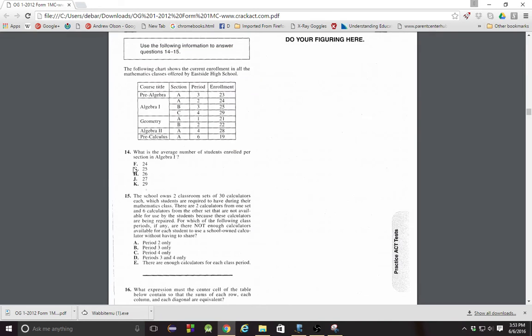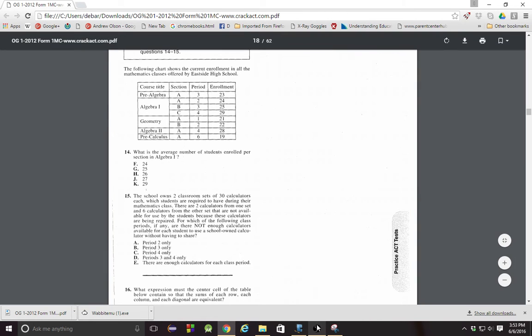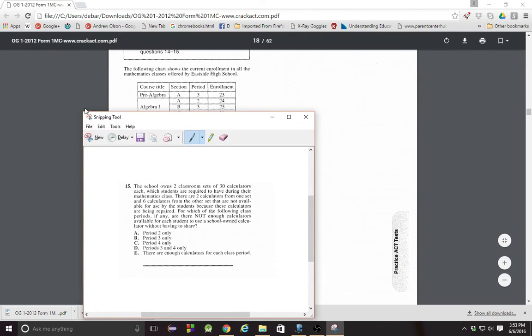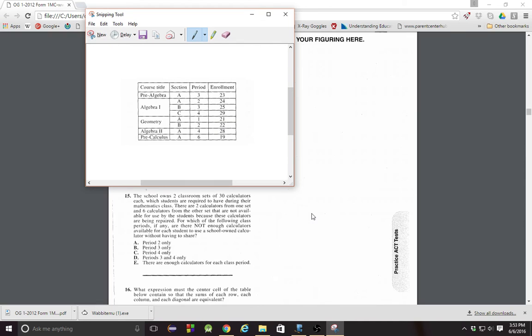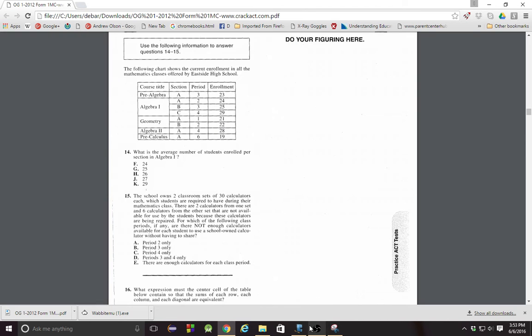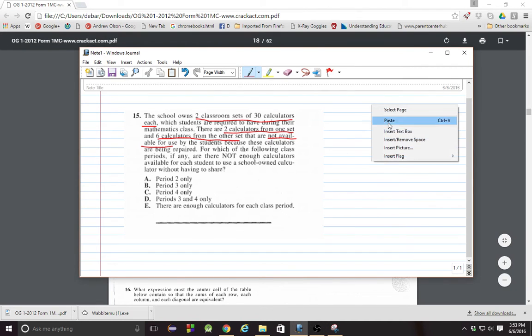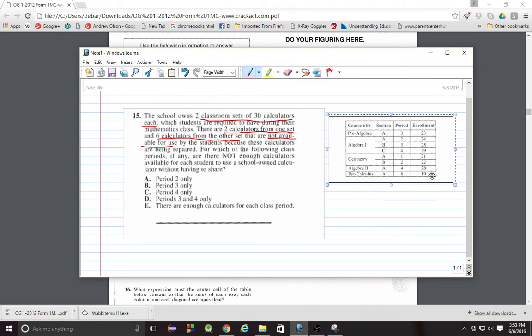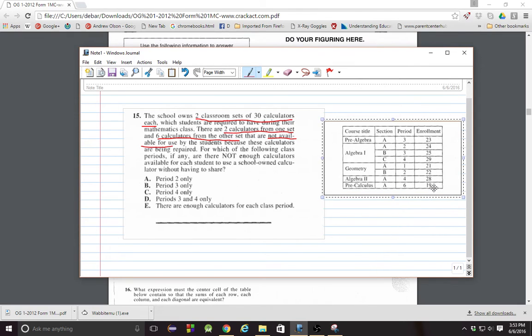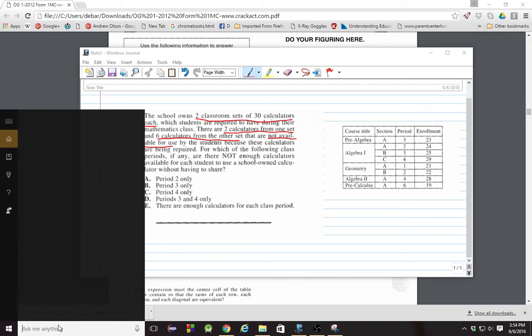So this depends on the former table that we had, and we need to go back and copy and paste this. Okay, if we take a look at the table over here, let's get a magnifier.